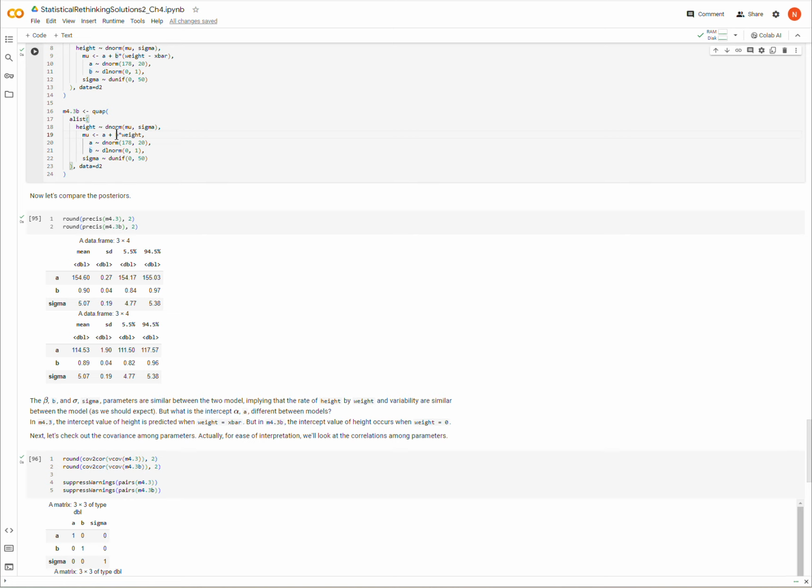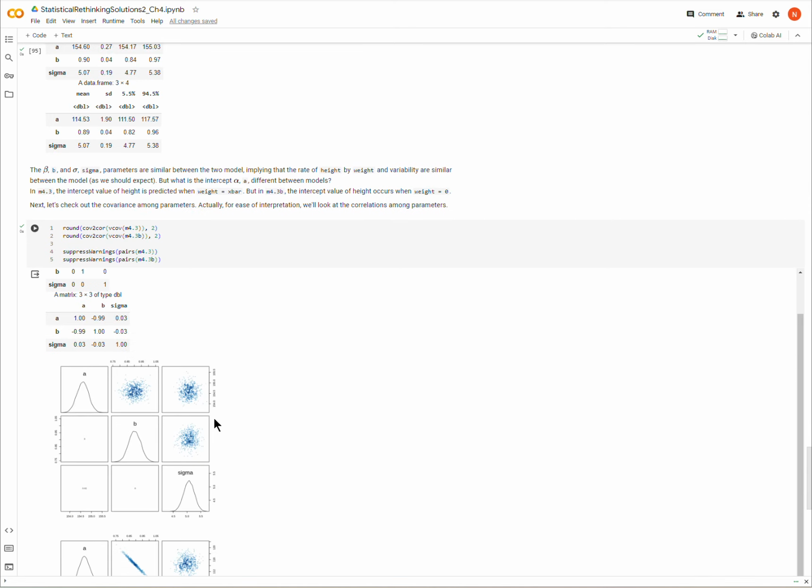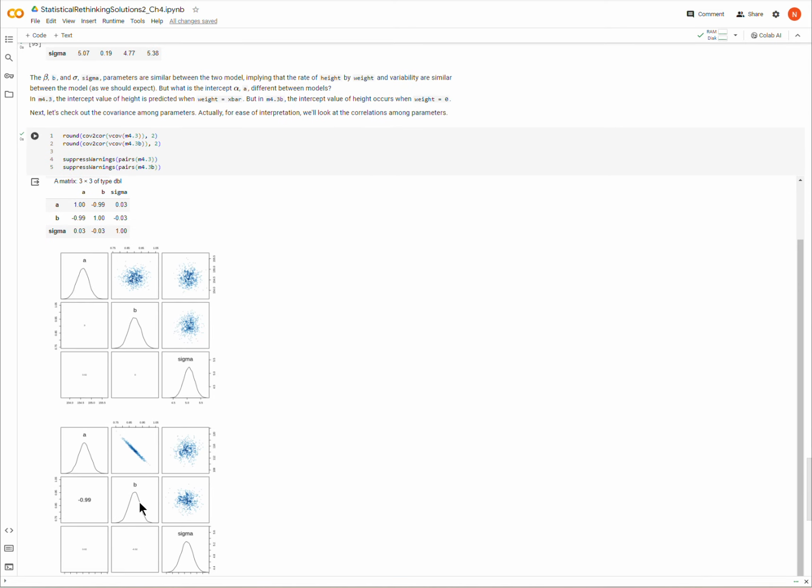Well, if the relationship is really, really weak, then there's a lot of the average height that still has to be explained, and so all of that gets shifted over to A. So when the model is guessing a low value for B, which would be over here, it has to guess a high value for A. And vice versa. If it's guessing a strong relationship between height and weight, where beta is very big, then there is less of the average height that needs to be explained by A.